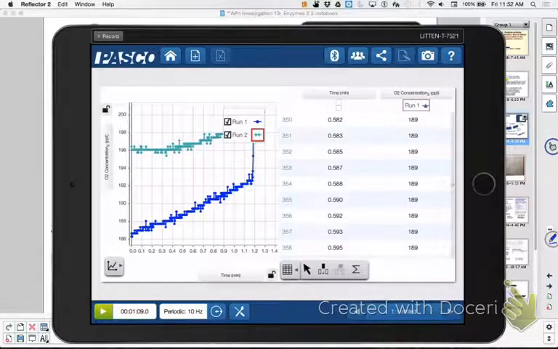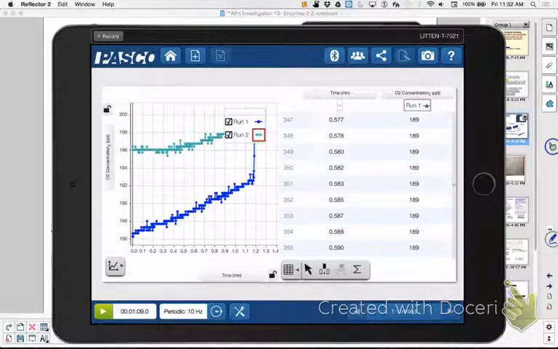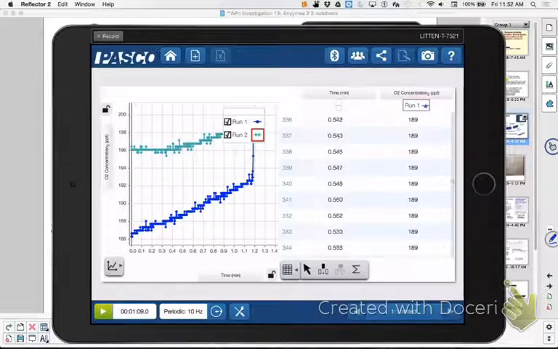Do you see it? 0.5, right? What is it at 0.5? 189. Yeah, 189. What did we start out at? 186. So it went up 3 parts per trillion in how much? Half minute.